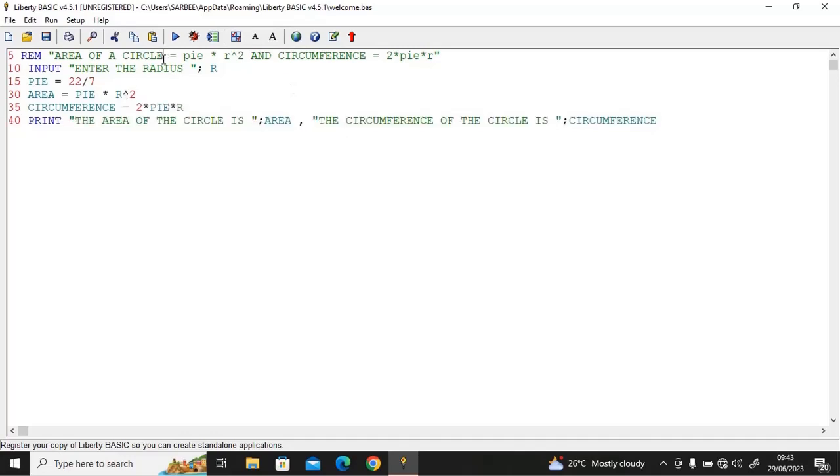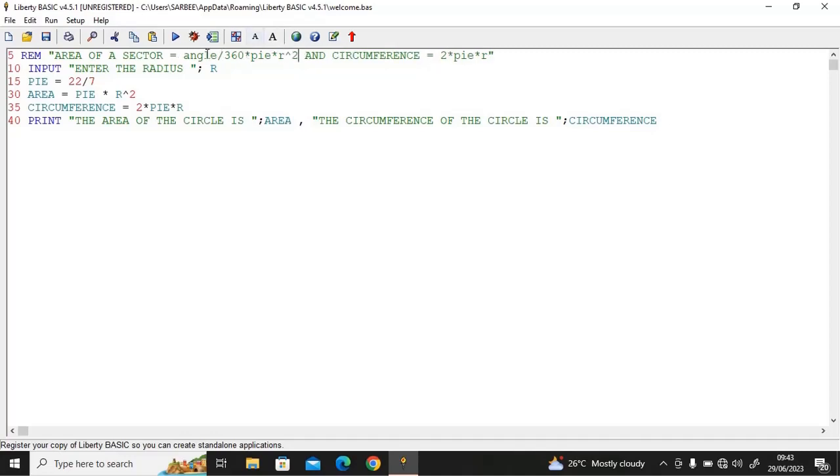The area and perimeter of a sector. The formula is the angle over 360 times pi r squared. Don't be scared of what I'm writing.